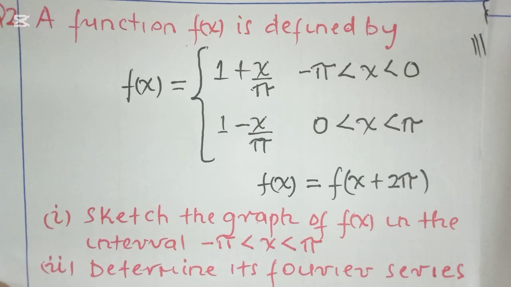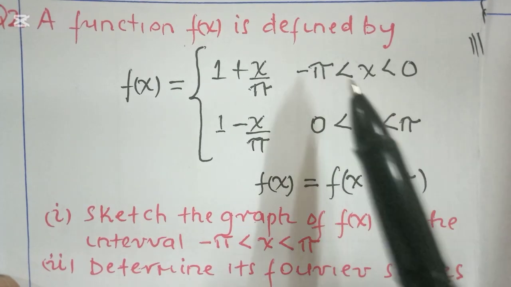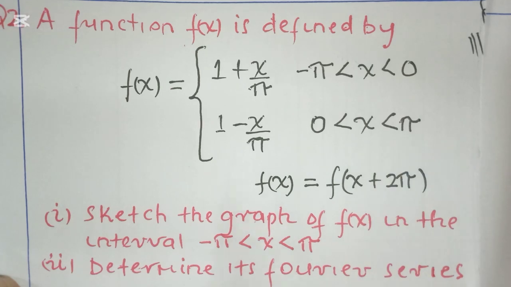The period for that is 2 pi, that is from negative pi to pi. The question states, sketch the graph of f(x) in the interval negative pi to pi.